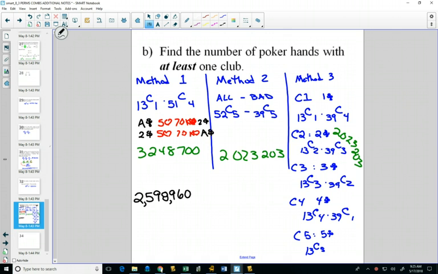So if we are going to summarize what went wrong in method 1, it's that if I look at my 2 decisions, I have overlap there. I could choose the same card in decision 1 that I could choose in decision 2. I could choose the ace of clubs in the 13 choose one. But if I didn't, I could choose the ace of clubs later in the 51 choose 4.